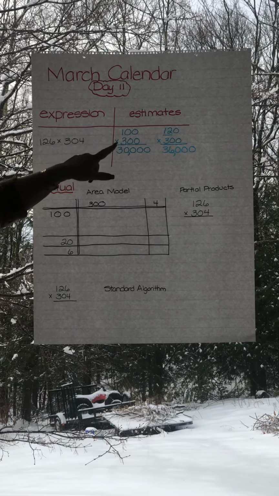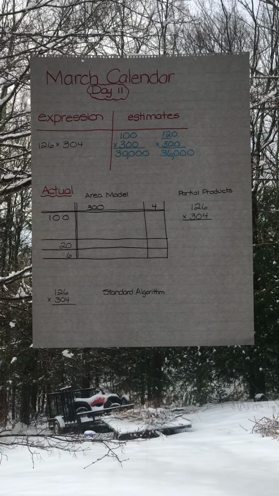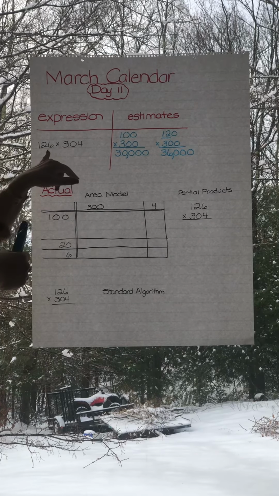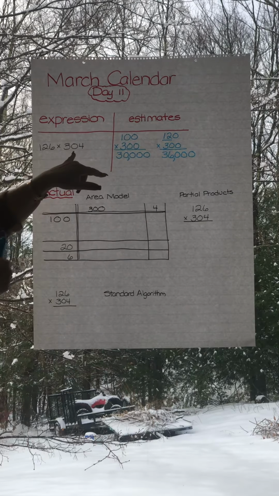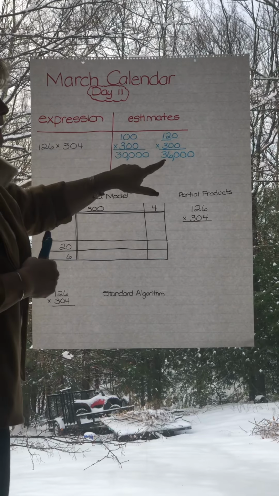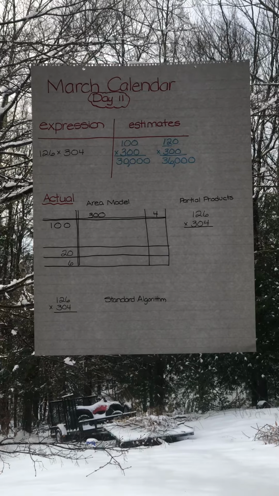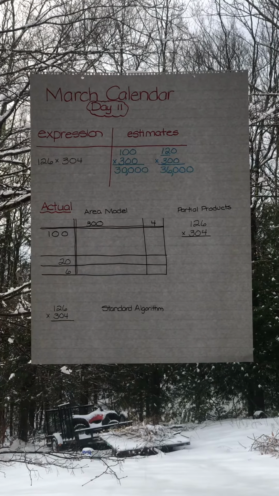Now I'm hoping you looked at this one and said, okay, we estimated this number to be less, and we estimated this number to be less, so I know that this is an underestimate, which would be the same thing for this. 126 down to 120, 304 down to 300, we get 36,000. It makes sense that we would use this one because it's going to be closer.